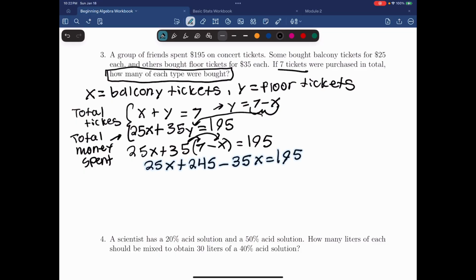And now, combining our like terms, 25 and negative 35, that's going to get us negative 10x plus 245 equals 195. And now, to solve for x, I'm going to subtract 245 on both sides.